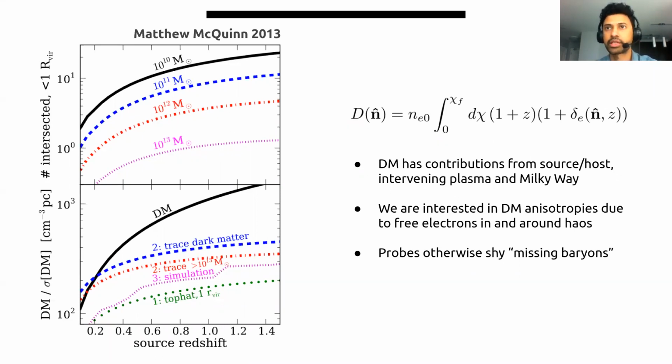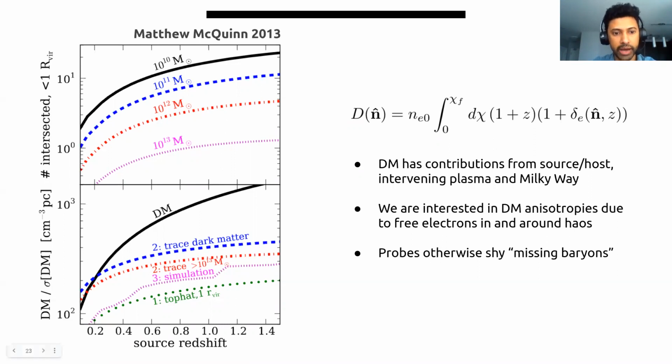But just to set this up, there's a very nice paper from Matthew McQuinn in 2013 that looks at the first step of this question: if you had a map of FRB dispersion measures, what are the anisotropies in that map really coming from? The first part shows the number of times you intersect halos above a certain mass as you look through the line of sight and see a certain dispersion measure.